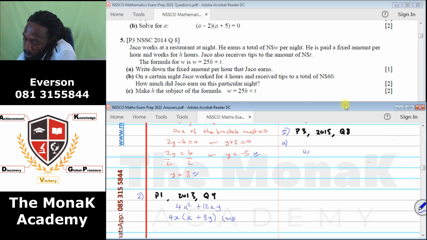This part is getting $25 every hour, because that's the one dependent on hours. Therefore, the fixed amount per hour is $25.